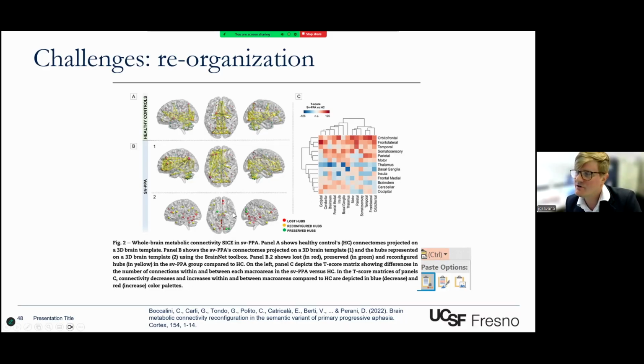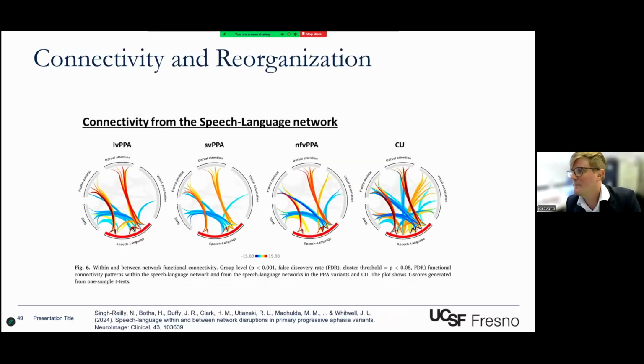These types of descriptions and understanding of reorganization can have some pretty interesting associations with things like creativity, artistic creativity, and so on. And so it seems like it's worth looking at connectivity pattern changes, so not just regions of interest, but how these work between and within syndromes.